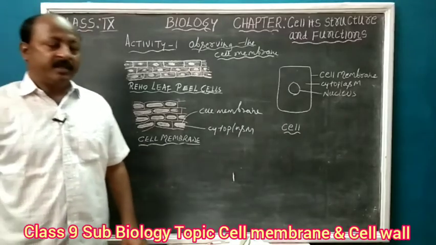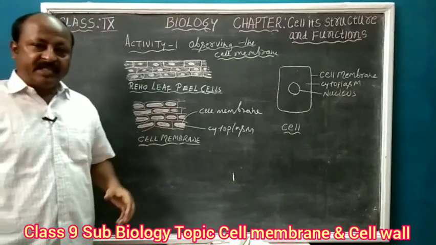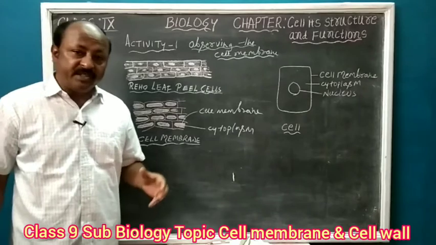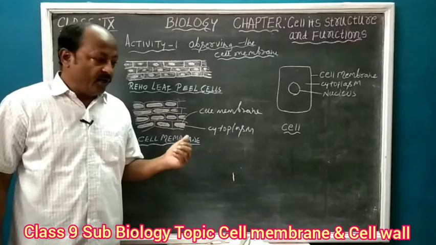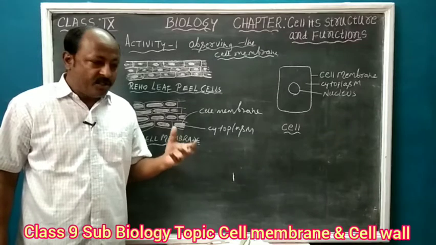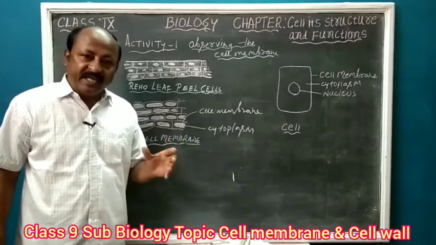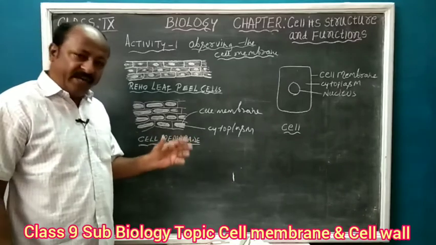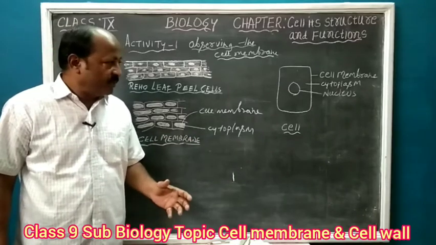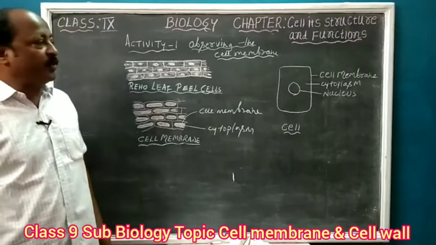Okay students, with the help of this activity, we were able to understand that when salt solution was added to the rheolith cells, the cytoplasm present inside them got shrunken along with the cell membrane. With this we can say that the cell membrane is a very flexible membrane, and it is made up of lipids and proteins.